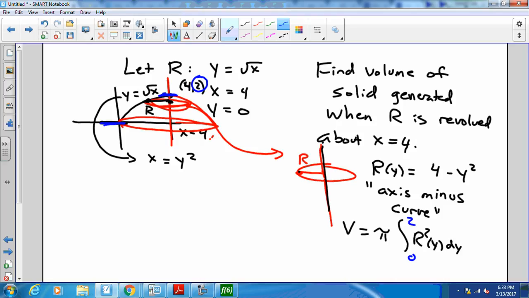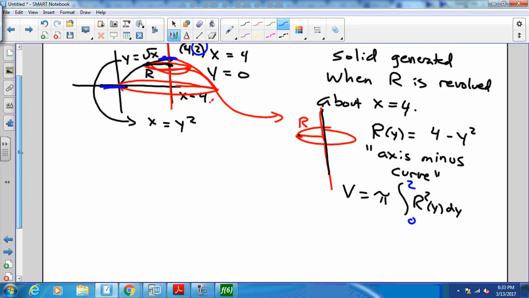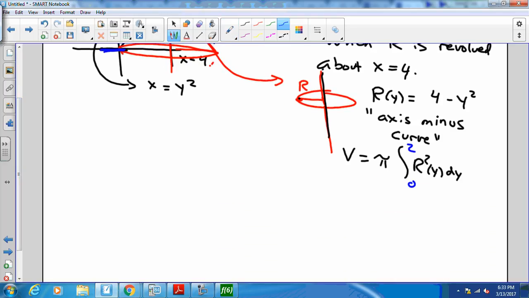And that's going to be taken from the very first y, which is y equals 0, right here, up to the very last y, which is y equals 2, right here. And the radius is 4 minus y squared.